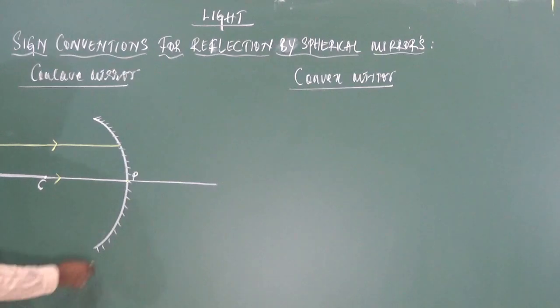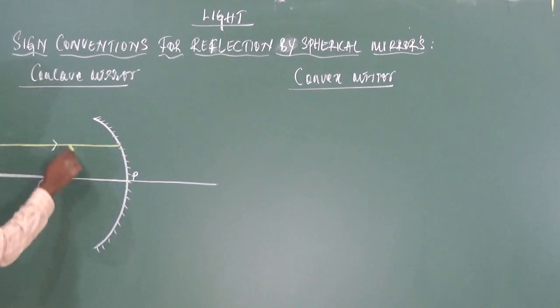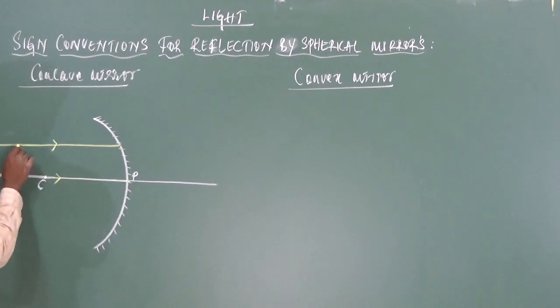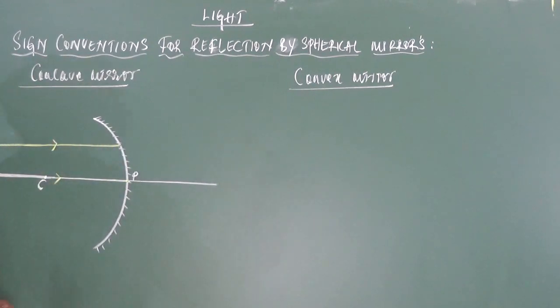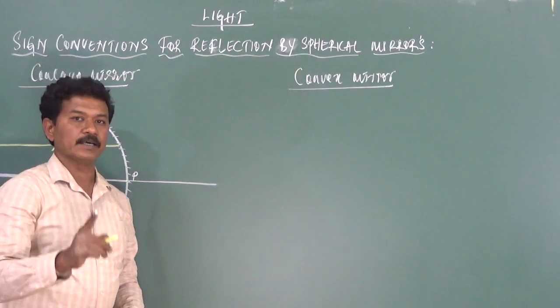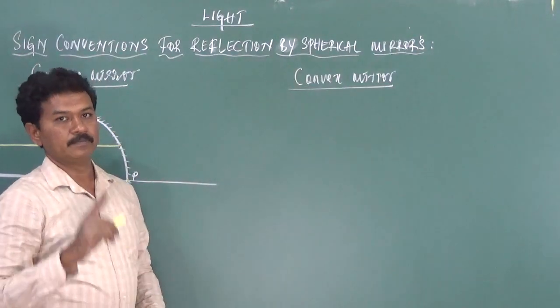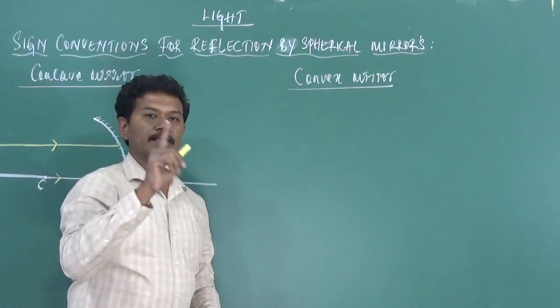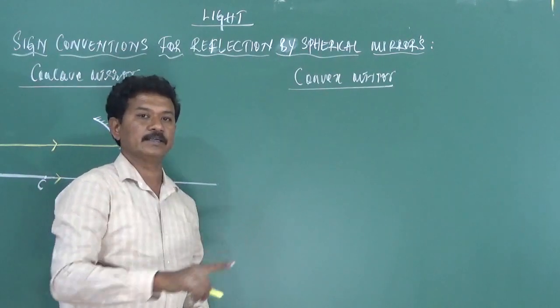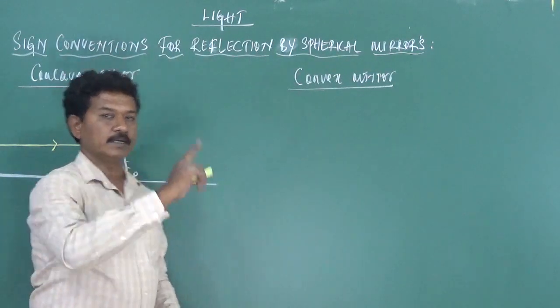Therefore, the object distance, as you are measuring it in the case of a concave mirror opposite to the direction of incident light rays, will be taken as negative, because if you measure any distance opposite to the direction of incident light rays, then it is negative.